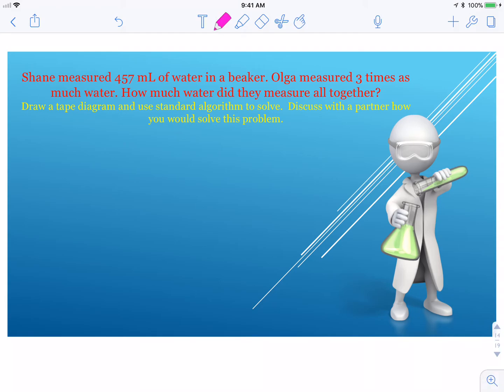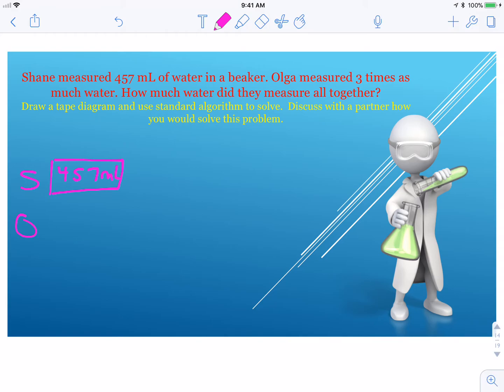Okay, so start with a tape diagram. We know that he measured 457 milliliters of water in a beaker. So this is Shane. Shane measured 457 milliliters. Okay.